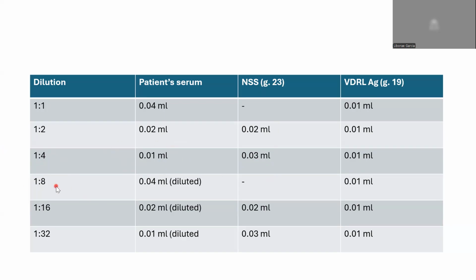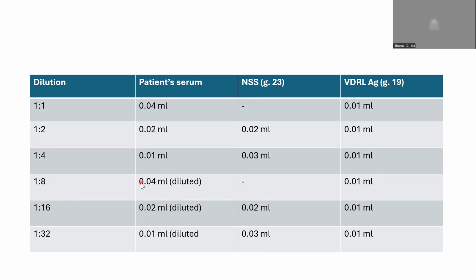While for your fourth to sixth reaction circles, you are going to use the diluted serum. How do you get the diluted serum? 0.01 ml of the serum plus 0.07 ml of your NSS. From that, you're going to put 0.04 ml in the fourth reaction circle, giving you a 1:8 dilution since no NSS was added here. In your fifth reaction circle, you add 2 drops, 0.02 ml of your diluted serum.